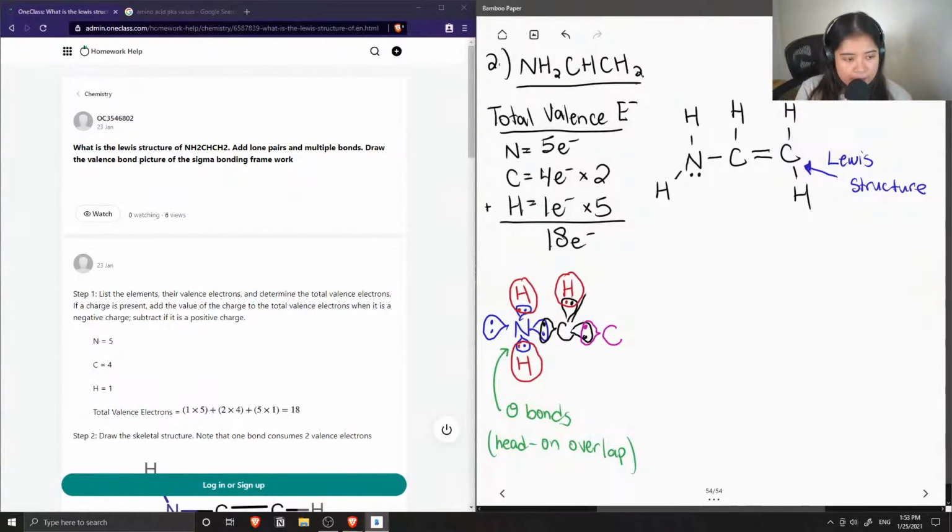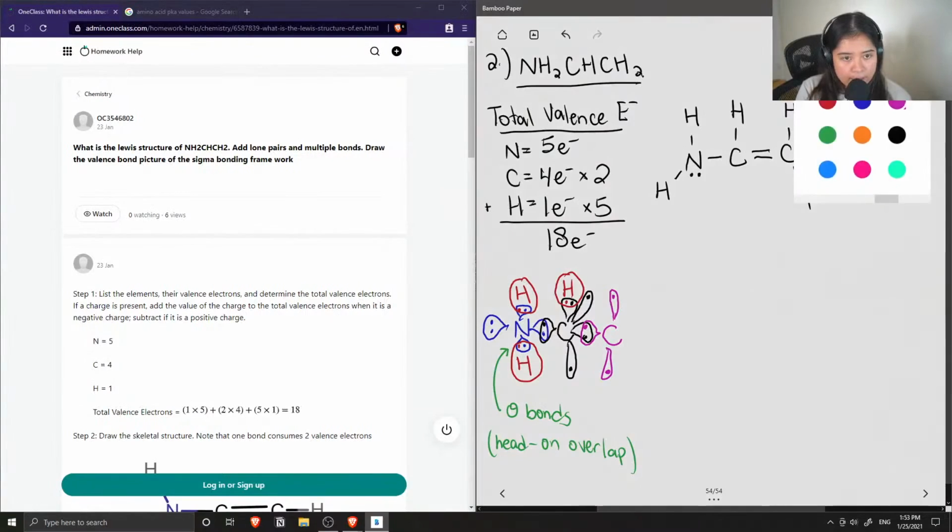I'm just going to show it as this long unhybridized p orbital, and this is shown on both of the carbons. This is how the double bond is formed.